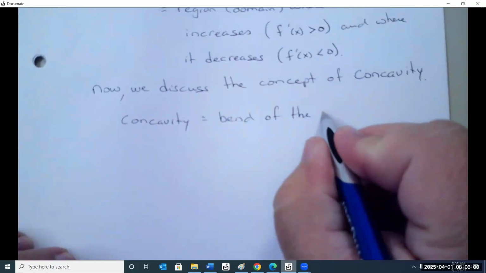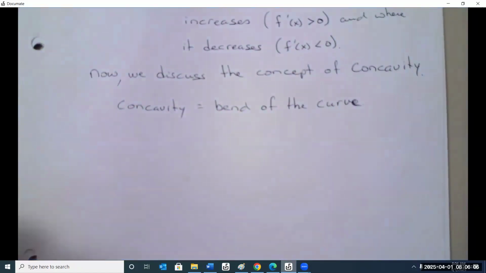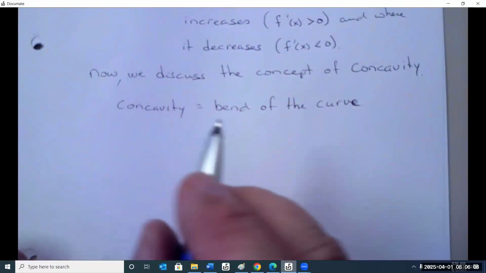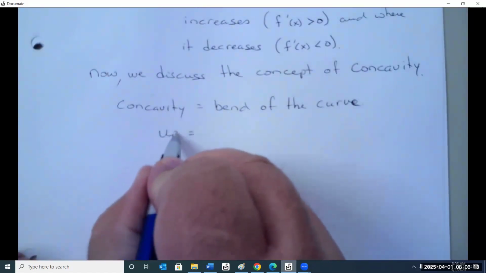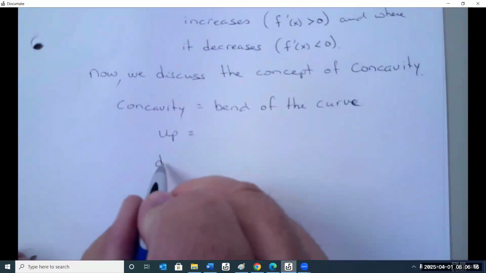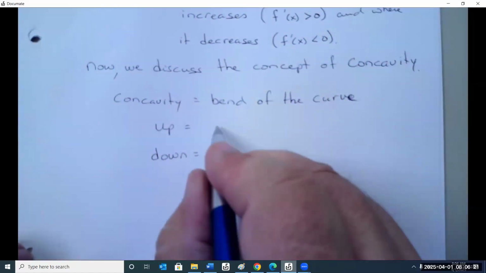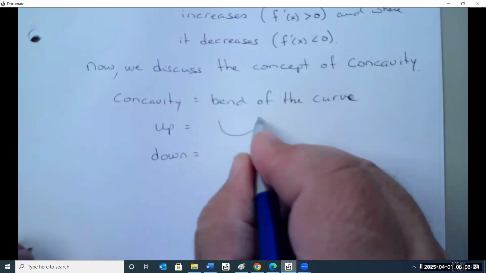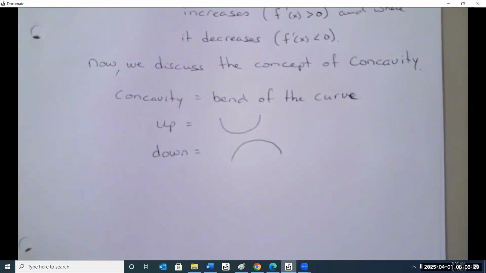In plain English, it simply means the bend of the curve. We have two types. We have concave up and we have concave down. That's what they'll look like. Think of a bowl. If the bowl is held upright, that's concave up. If it's upside down, it's concave down.